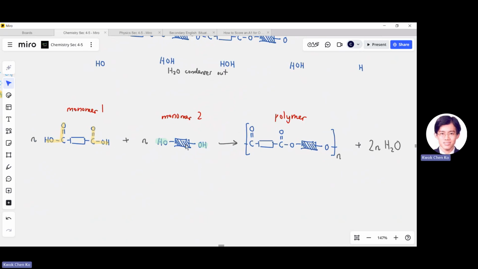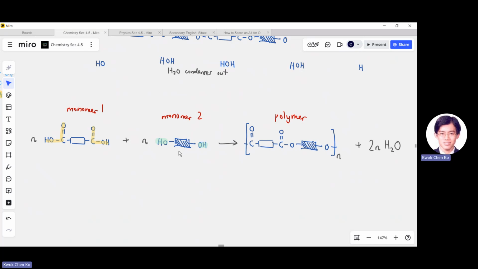And you see, just 2 guys alone can contribute 2 water molecules. This doesn't come out all the time, but they may ask you to write the equation.